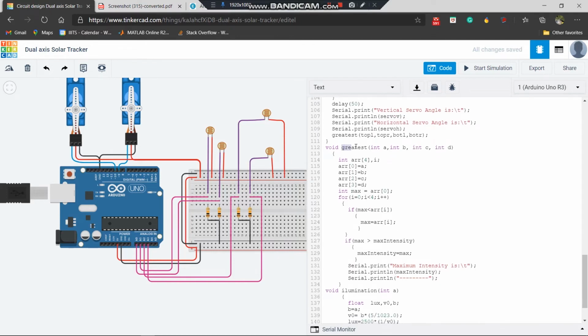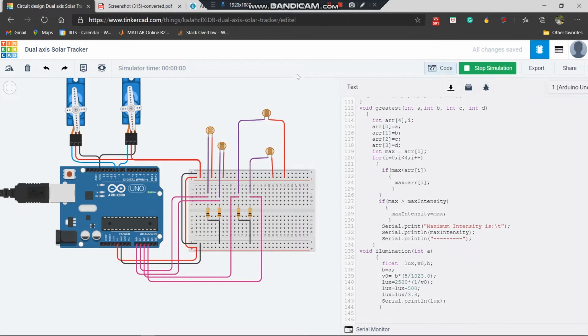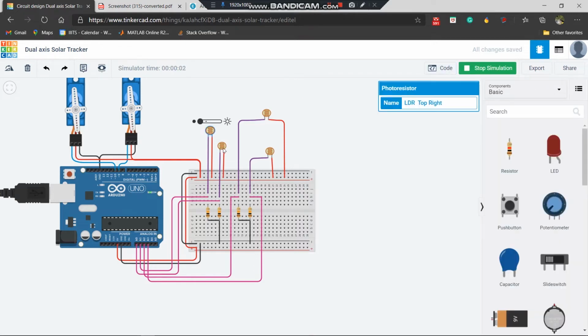And we are using the greatest function to calculate the maximum intensity picked by these 4 LDRs. And the last function is elimination to find the elimination of the four LDRs. Now we will see. Coming to the working part, we can give the input here.